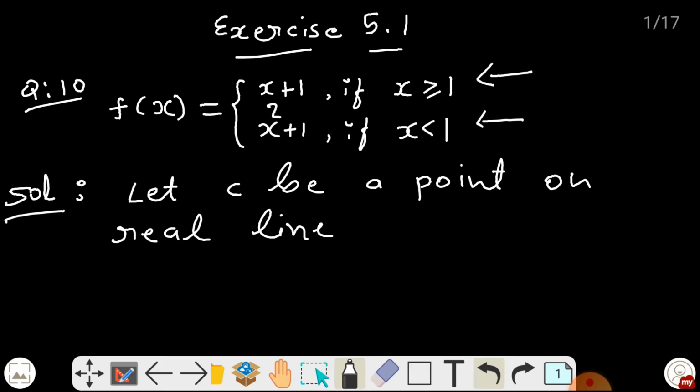Then what we can say? We can say that c is less than 1, c is equal to 1, or c is greater than 1. So first of all, if c is less than 1.